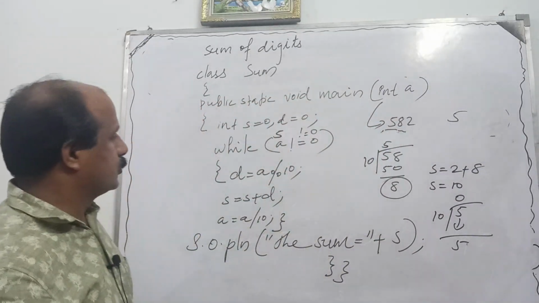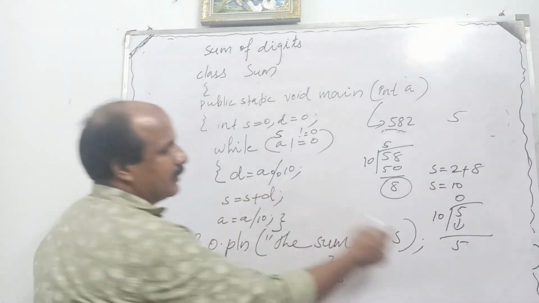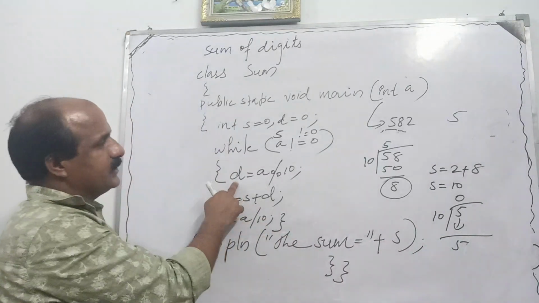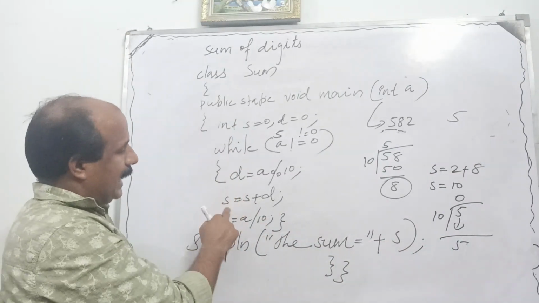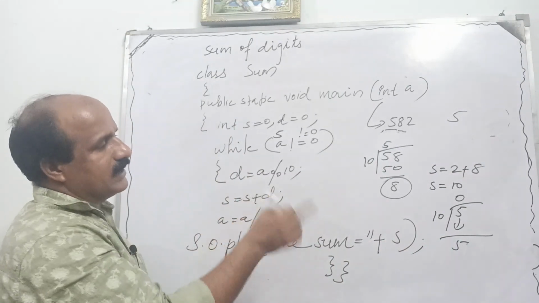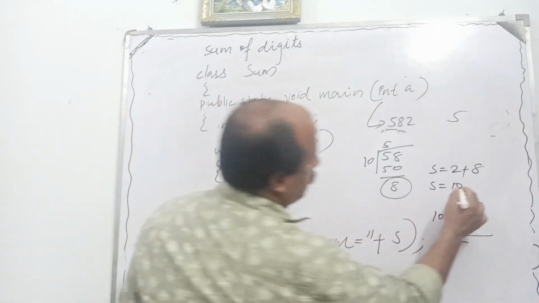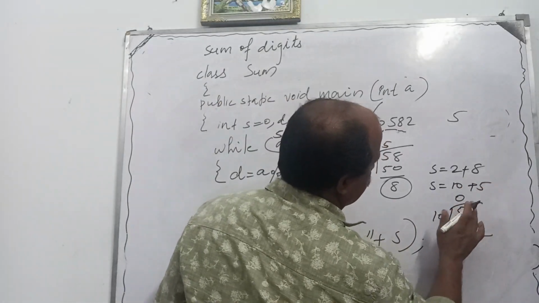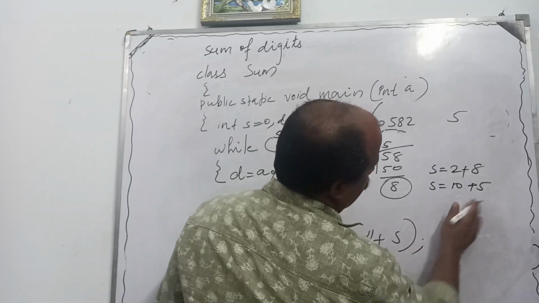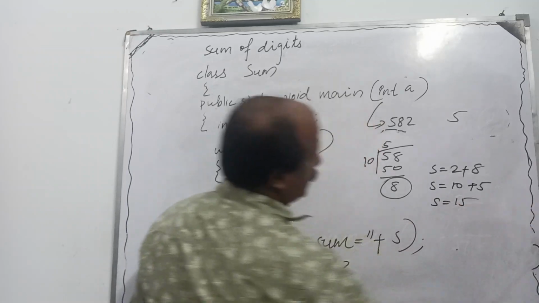So in D, 5 comes, our last digit. S is equal to S plus D. In S, 10 is there, plus 5, so S is equal to 15.